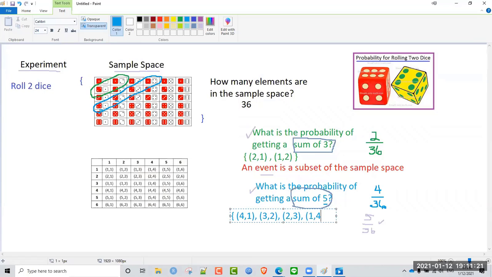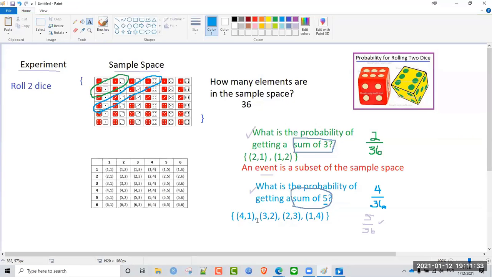And now I've written that as a subset of the sample space here. I can write the sample space like this. I can also write it like this. And now I've written this sum of 5 as a subset of these.